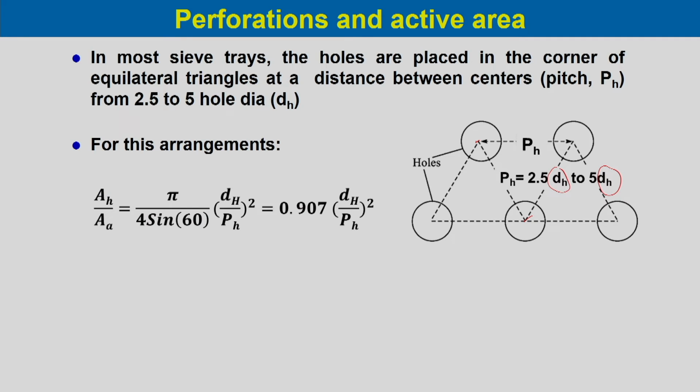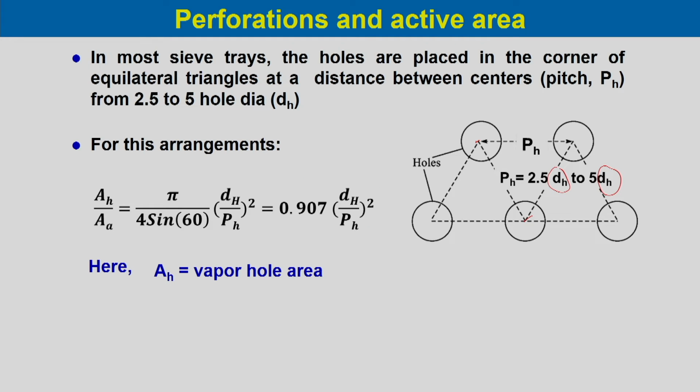For this arrangement, we can write A_H/A_A equal to (pi/4) times sin 60 times (d_H/p_H) squared, which is equal to 0.907 times (d_H/p_H) squared.